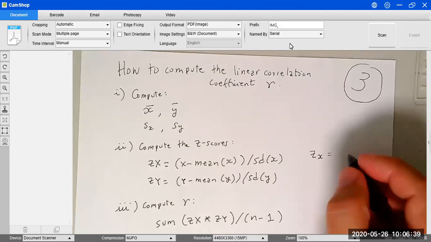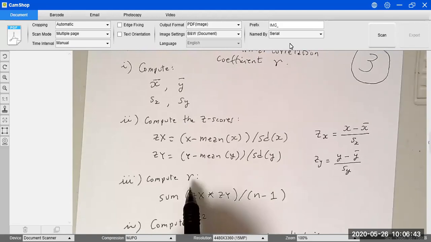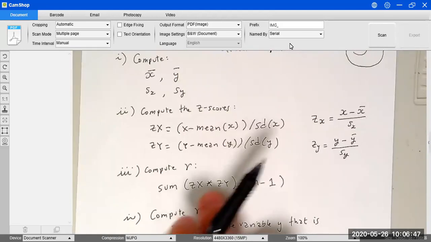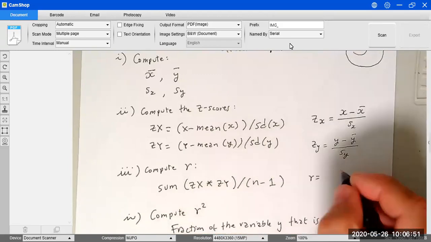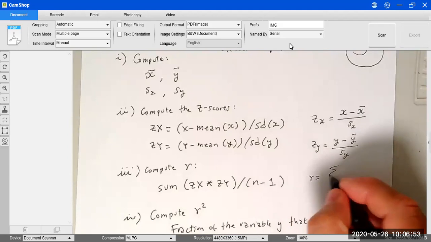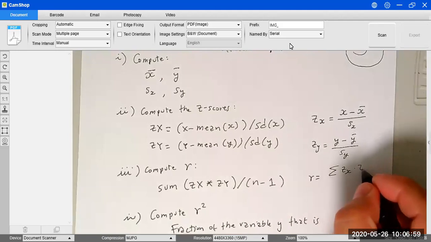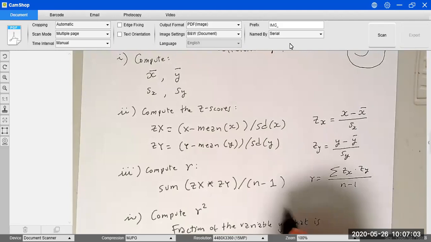So once you get the z-scores, the correlation coefficient R is obtained by adding the product of the z-scores and dividing by n minus 1. So R is just the sum of the product of the z-scores, zx and zy, divided by n minus 1, where n is the number of data values, the size of the sample.